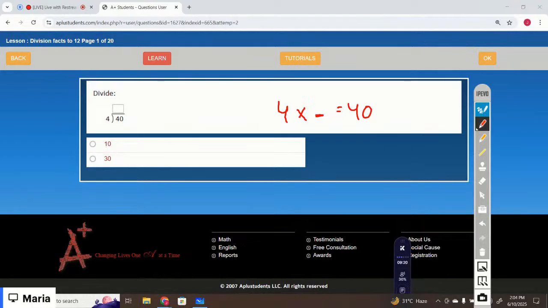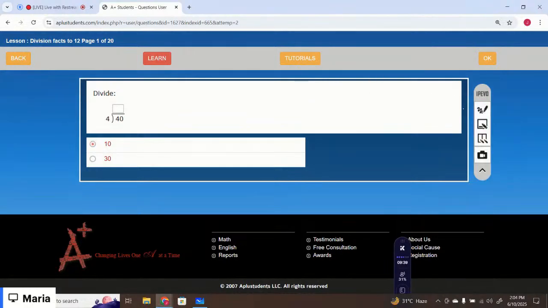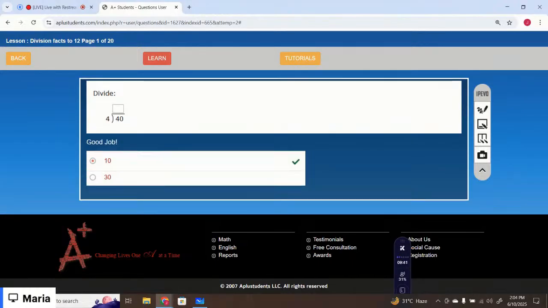So before the division, you do multiplication tables, right? 4 times what number is 40? 4 times 10 is 40. So option number 1 is the correct option, that is 10.